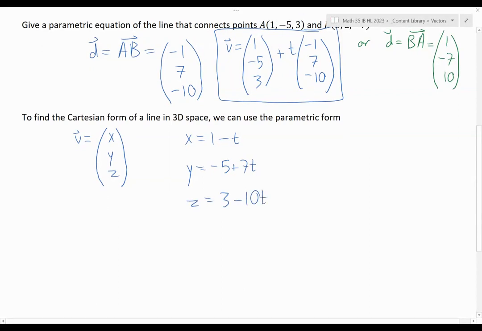So each coordinate has to come from combining the corresponding coordinates from that parametric equation. But all of these t values have to be the same.